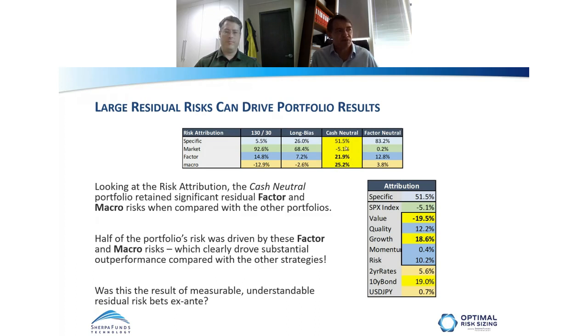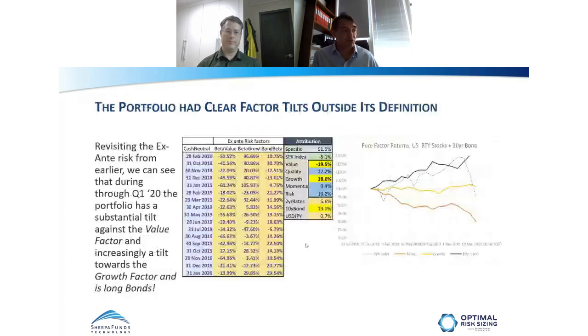So about the same amount of risk as the specific is in factor and macro. And the factor in particular, you look at it, well, we're long growth, we're short value, and in the macro space, we're basically heavily long bonds, we're short rates. So we make money when rates come down. And that's the ex post attribution.